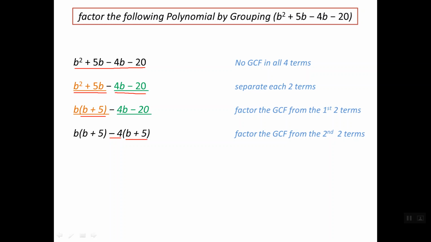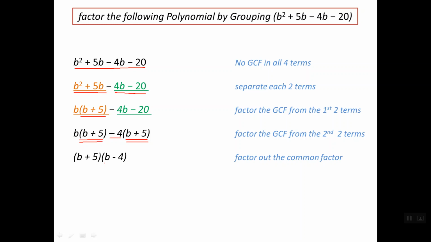So now we have a polynomial with a common factor, which is the b plus 5. So now we can factor out the b plus 5 as a common factor.